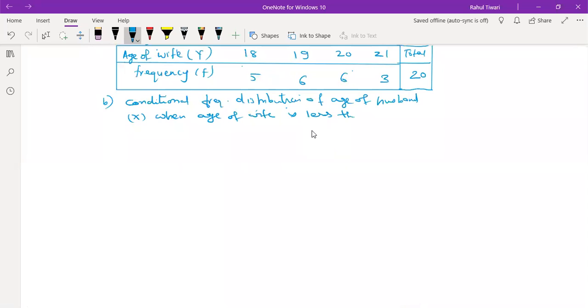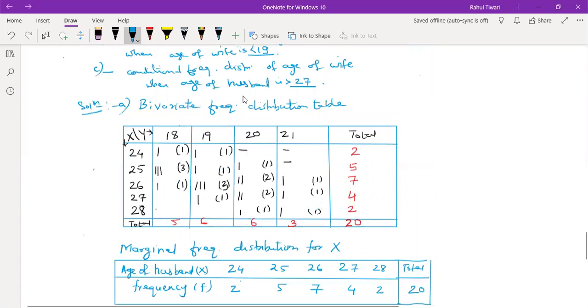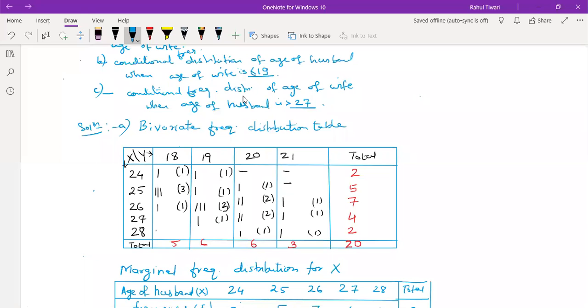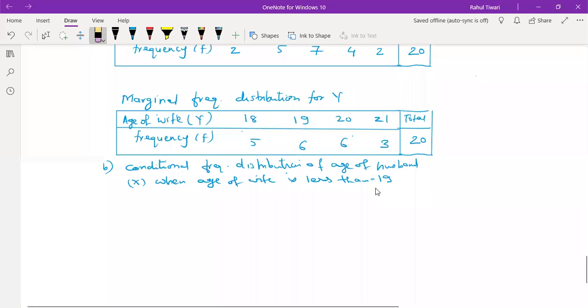Or I may say less than equal to both. Less than or equal to 19. So I may use this sign, less than equal to. I hope you are familiar with this less than equal to sign. This I want. So what you have to do?